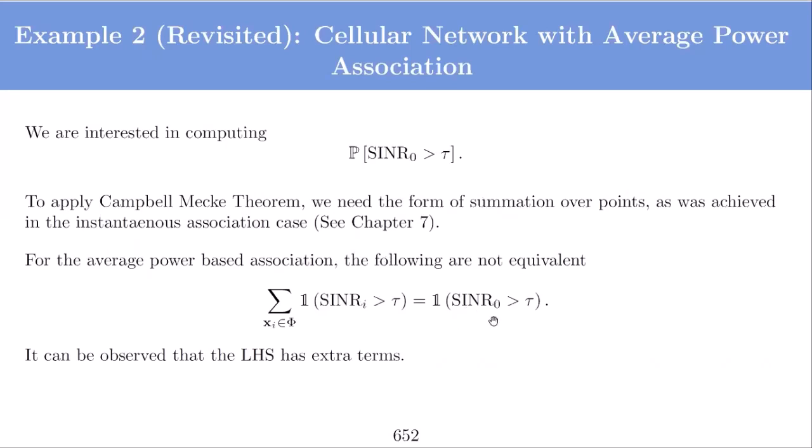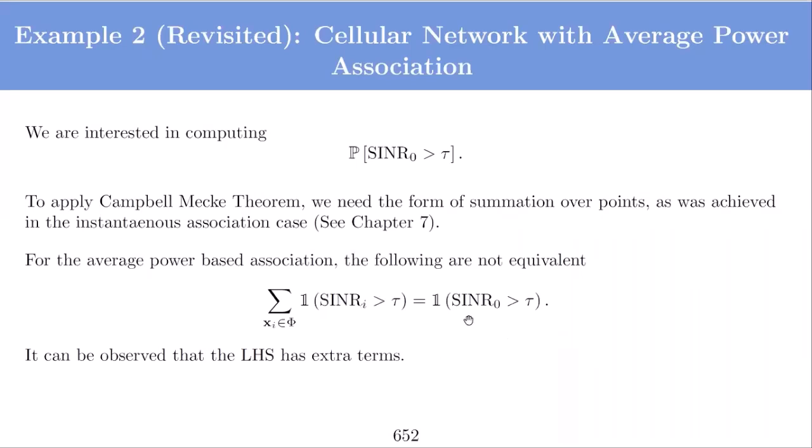Because SNR 0 is the one from the closest base station, while this one is for any base station where SNR i is more than tau. Even in that case, SNR i would be more than tau for only one base station, the one which has the maximum SNR i. So it may happen that that base station is not the closest one. So this will be 0, but this will become 1.